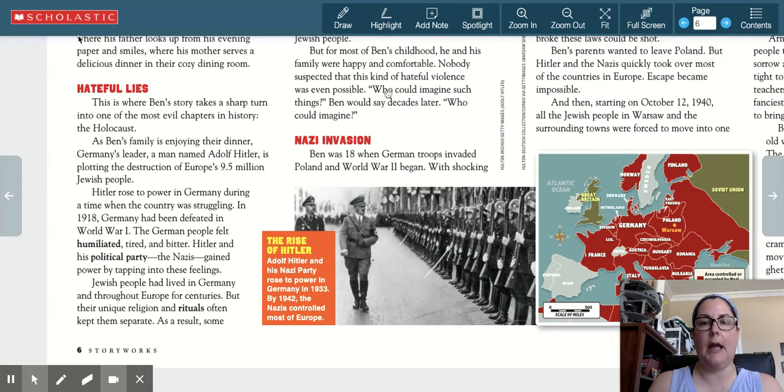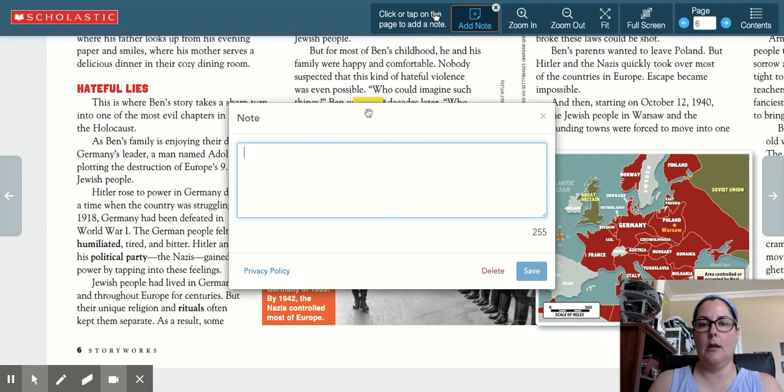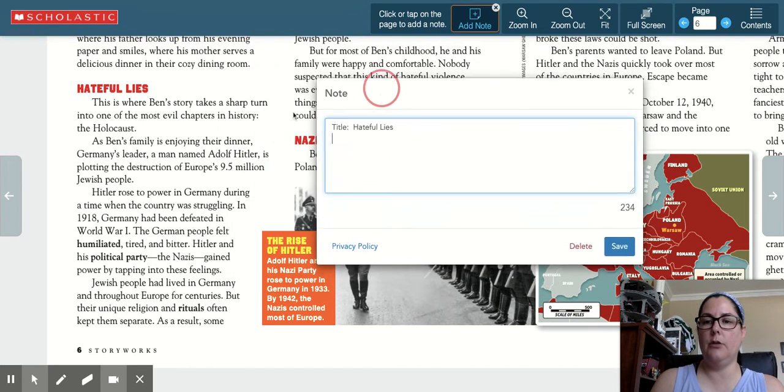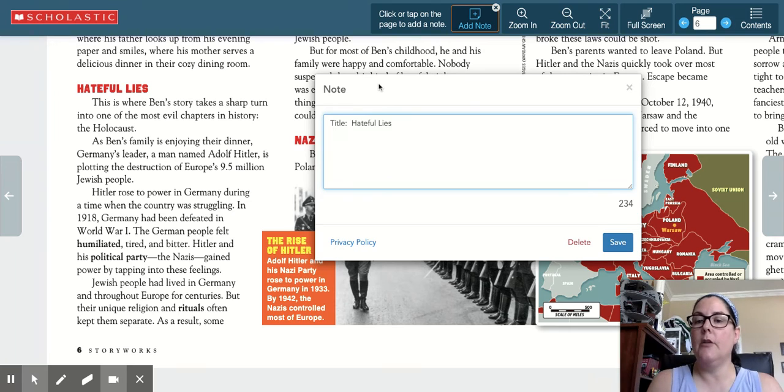So I'm going to do a little note, and my title is Hateful Lies. And if I go to the first paragraph, this is where Ben's story takes a sharp turn into one of the most evil chapters in history, the Holocaust.